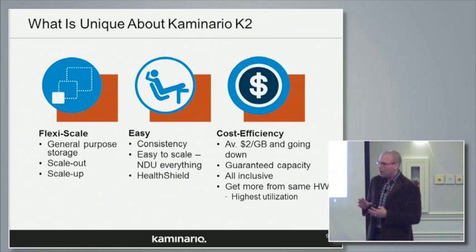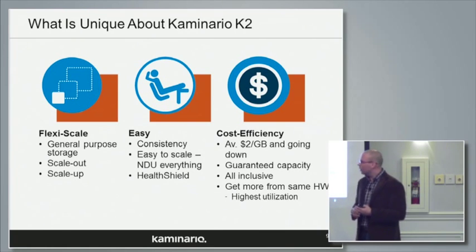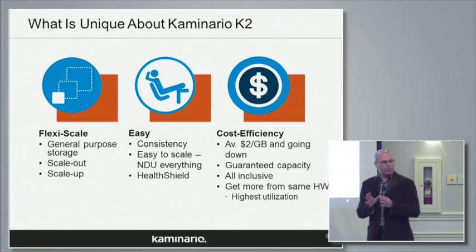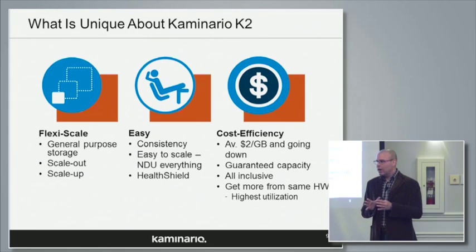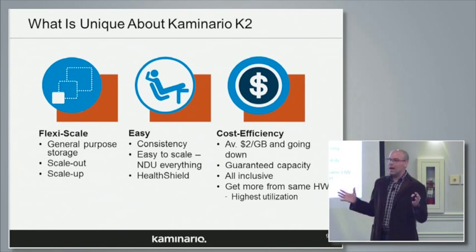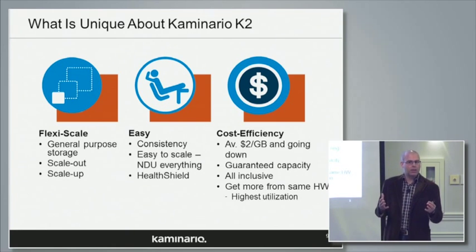Let's talk about those three pillars and connect them into the product. As a general purpose storage, we're proud to have a highly unique architecture. In fact, we are the only architecture in the market today, out of the new breeds, that can both scale out and scale up, what we call flexi-scale.